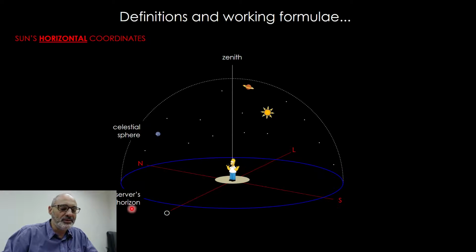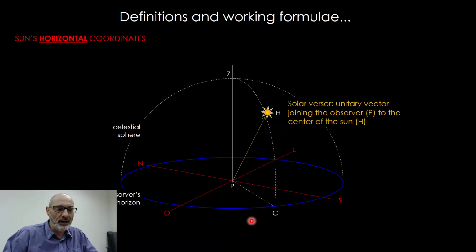So what he sees is here: his local horizon, the celestial sphere, north, south, east, west, and the position of the sun. In this second situation, we don't need coordinates for the observer because he is at the center. The sun is at a certain point here. This yellow vector here is what I drew, a solar unitary vector.